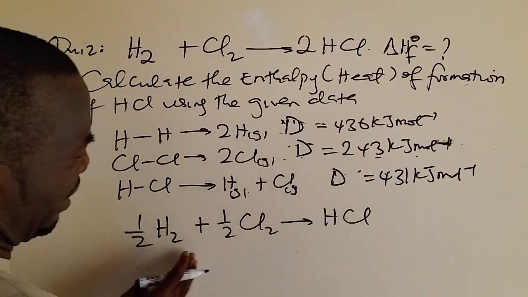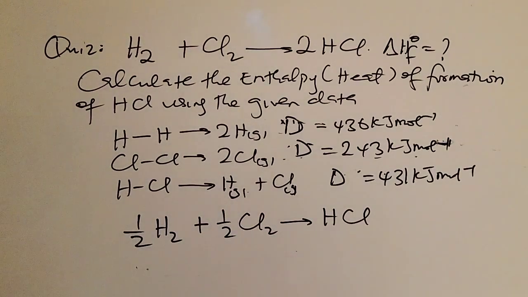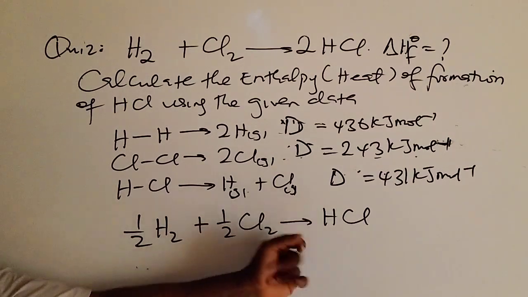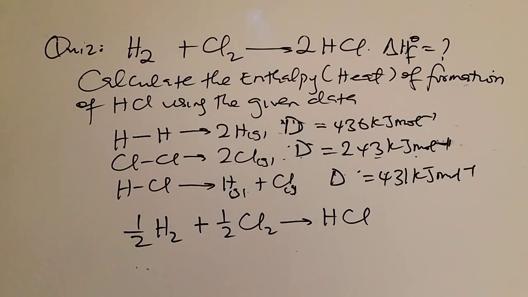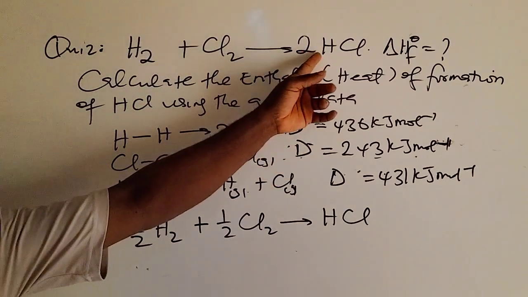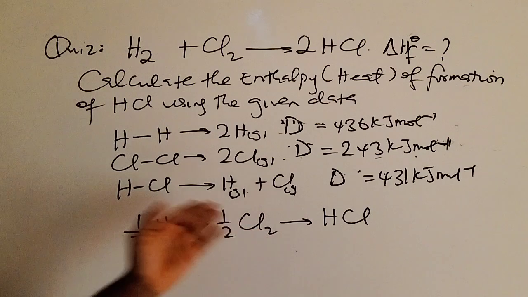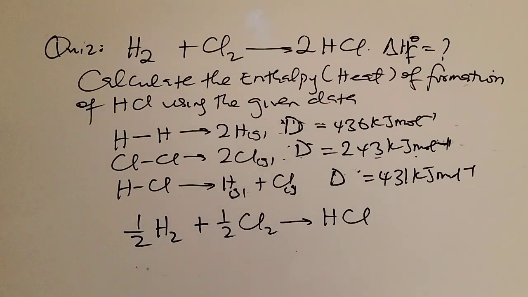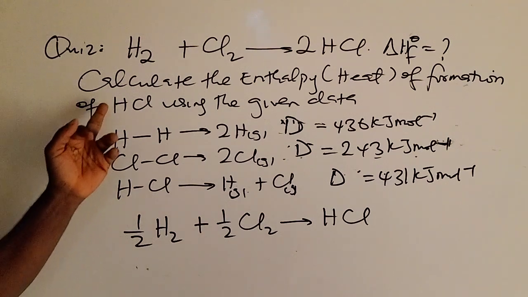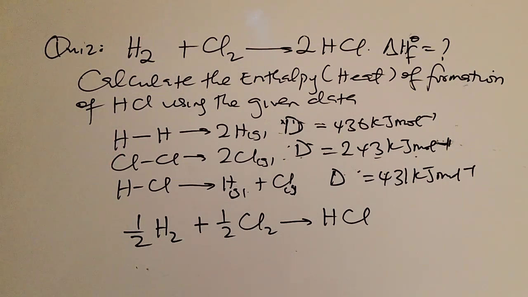Now here we can talk about heat of formation, because we're talking about getting 1 mole of HCl from the constituent elements. Had the equation already given us 1 mole, we would go ahead to calculate. But since we have 2 moles here, we have to reduce everything to get 1 mole, because we are talking about the heat evolved when you produce 1 mole of HCl. Now we'll go ahead.